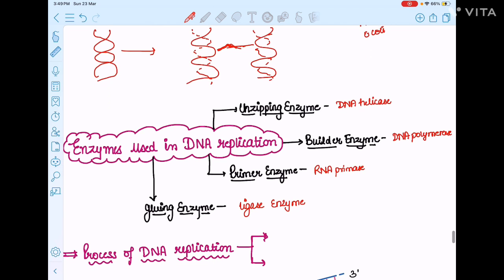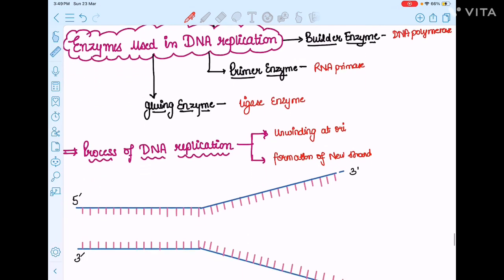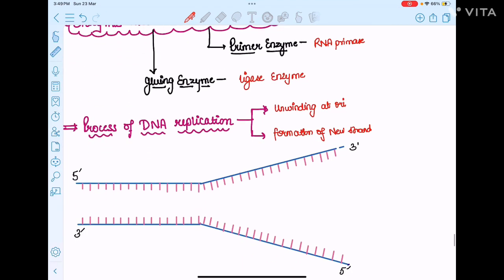Now the process of DNA replication is divided into 2 stages. First, the unwinding at the origin of replication. And second, the formation of new strand. Now let's discuss these processes in this DNA. First of all, there is unwinding at the origin of replication. Now what is this origin of replication?